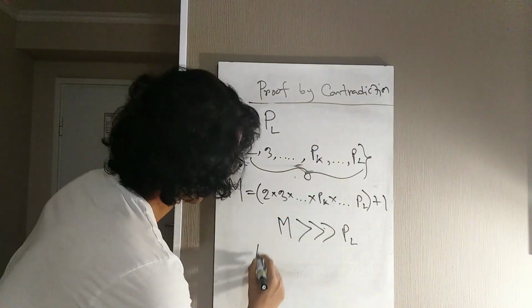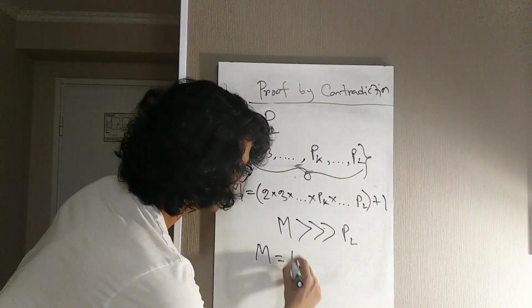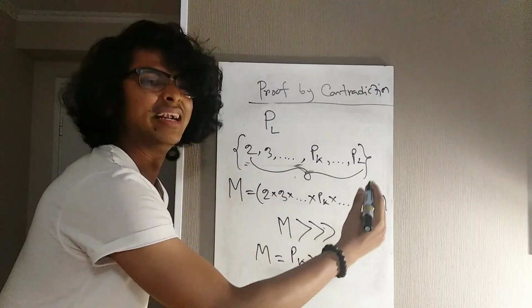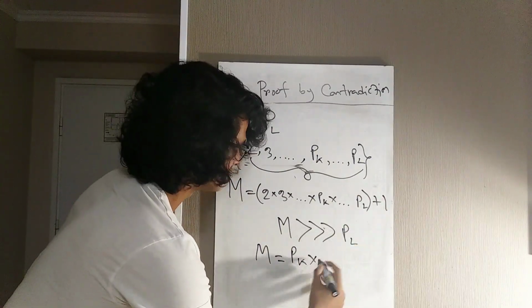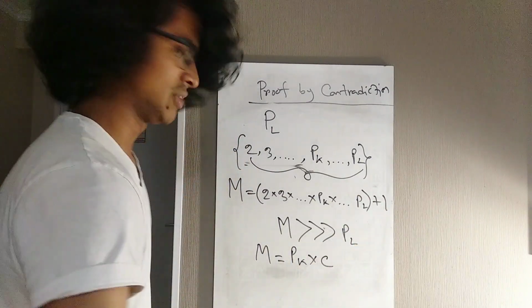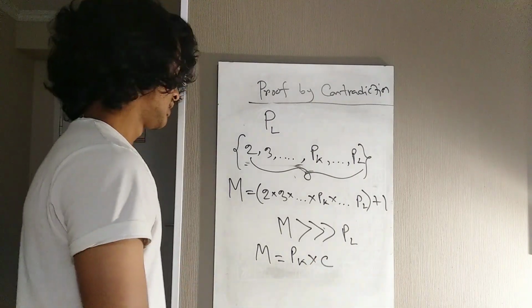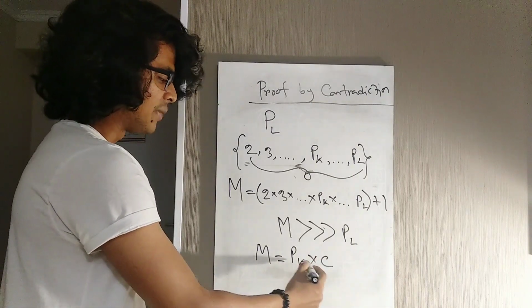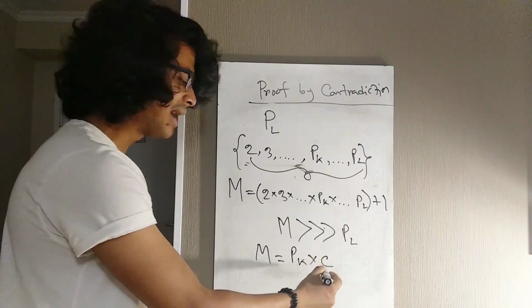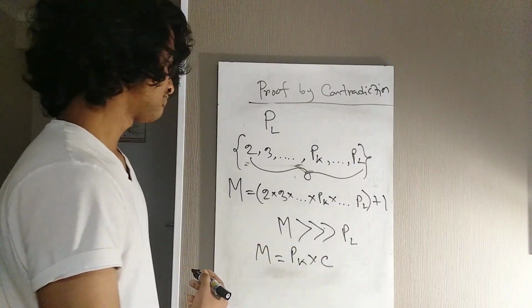That means we can write M as pk multiplied by some integer. Let's say that integer is c, an arbitrary integer. So we can write M equal to pk multiplied by c.